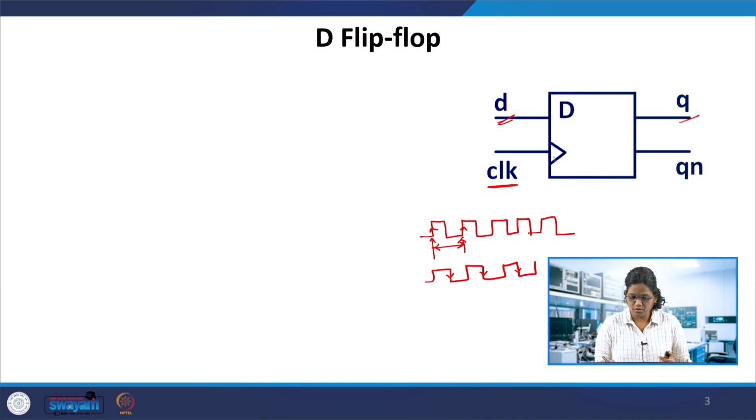So the flip-flop can be positive edge triggered or negative edge triggered. These are edge triggered flip-flops. The time period is between two clock edges. The clock can be active high or active low; it has a high and a low.